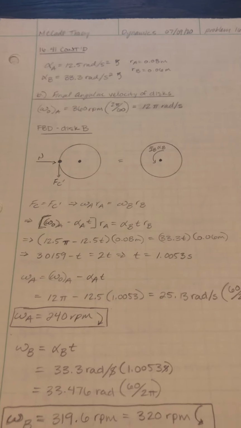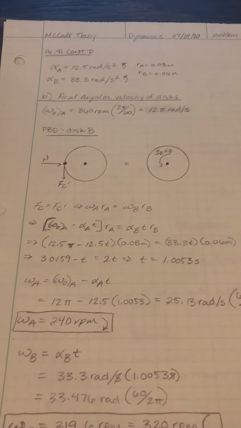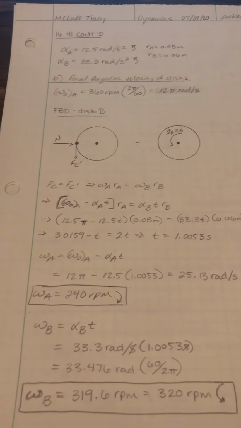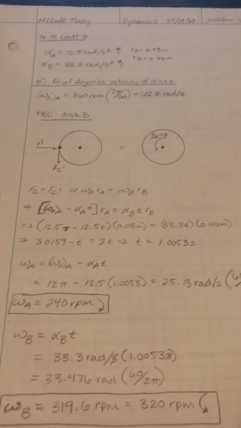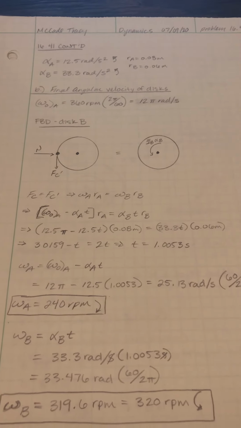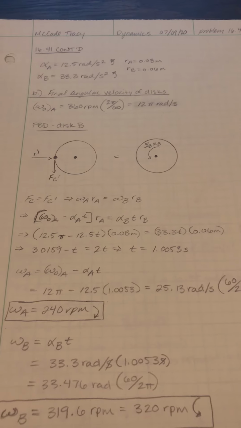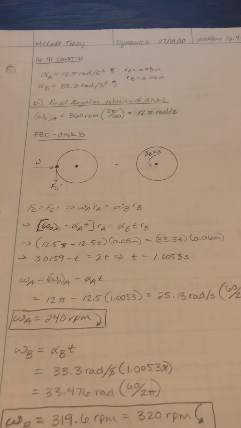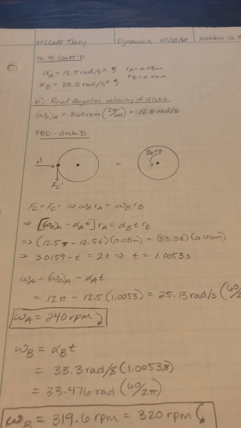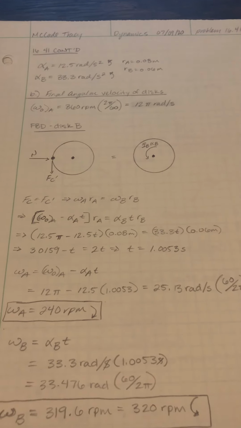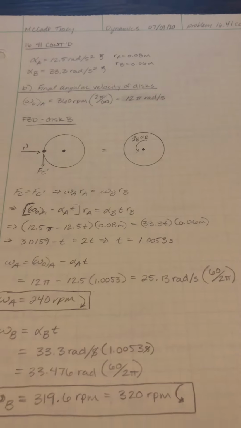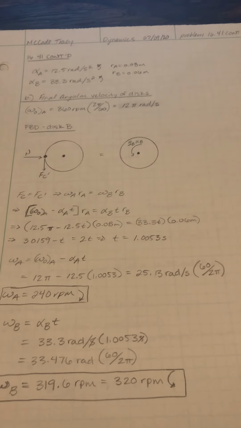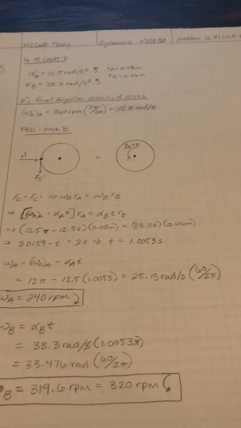To find the final angular velocity omega A, we plug in the 12 pi minus the 12.5 radians per second squared that we found for alpha of disk A. Multiply that by the time, we get 25.13 radians per second.